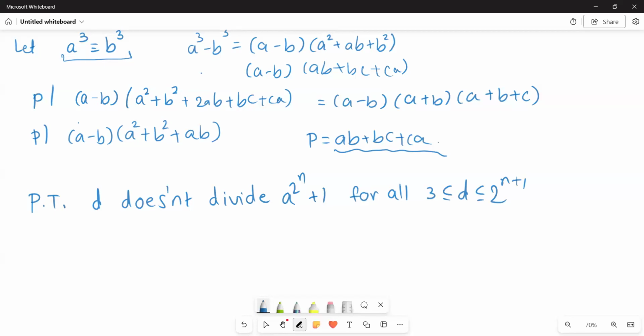So A greater than 0 is some positive integer, and we have to show all D between 3 and 2 to the power n plus 1 do not divide this.